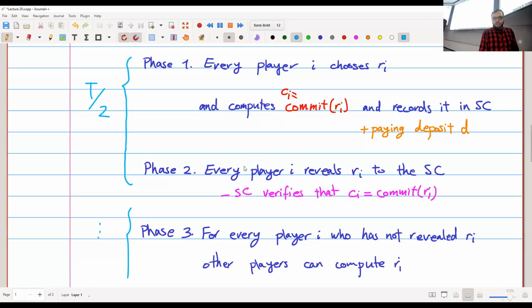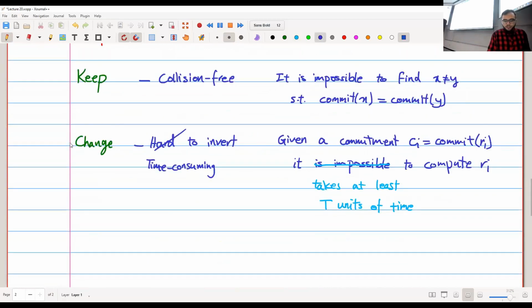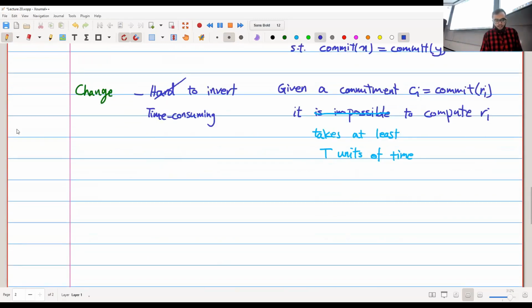And then in the second phase, when the players actually reveal their values, the smart contract can easily verify it. But actually, I have to maybe add this as a property here as well. One other property of hash functions that I want to keep is that they were easy to compute. And by easy, I mean that it takes very little time, right?